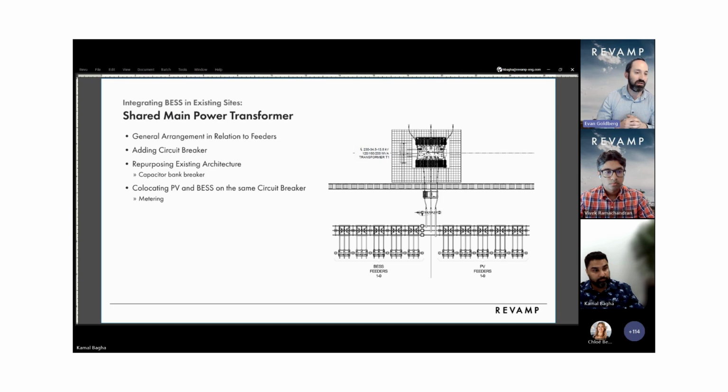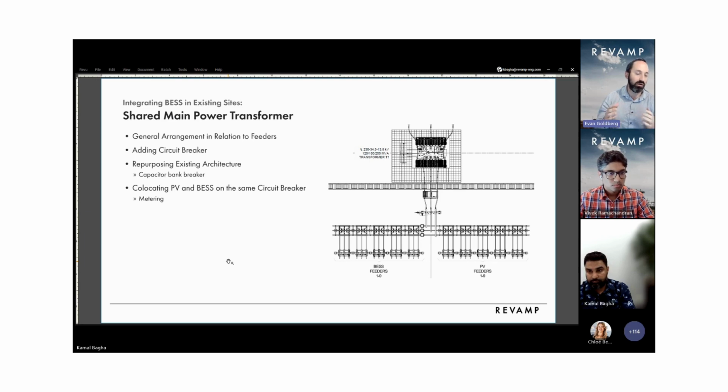The other concept that we'll get into is perhaps when you had a PV plant only, you may have had capacitor banks, right? So Vivek, as he gets into his part of this presentation, will be able to give some more context as to when this decision gets made. When you add BESS to your project, it often is capable of handling a lot of the reactive power demands of your site, right?